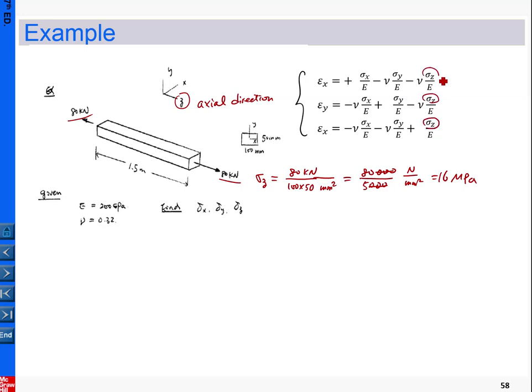We determine that here. Okay, and right now, for this case, we want to know the deformation.